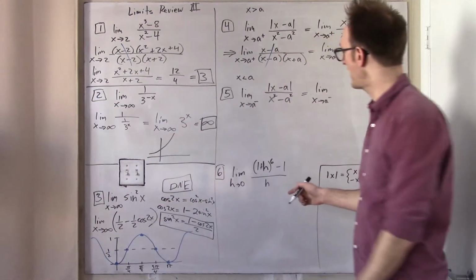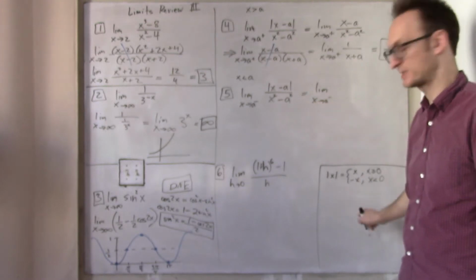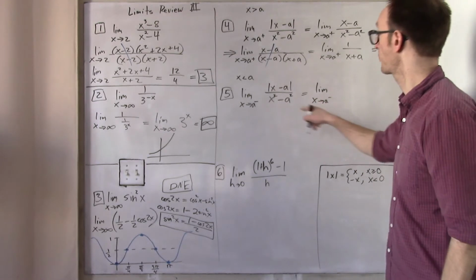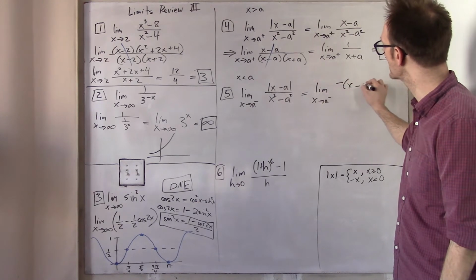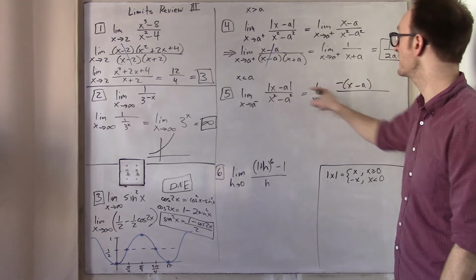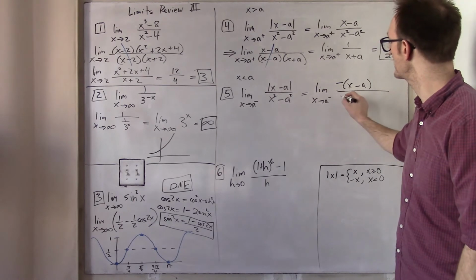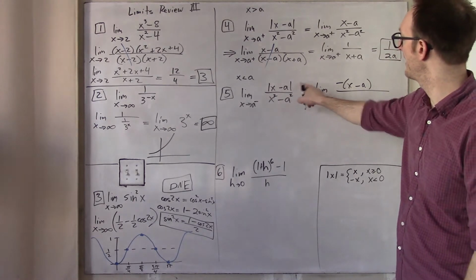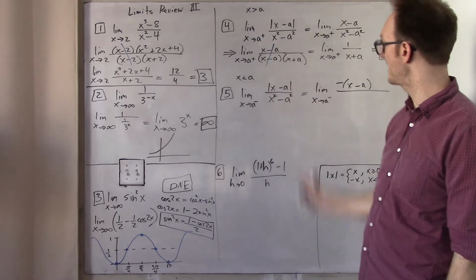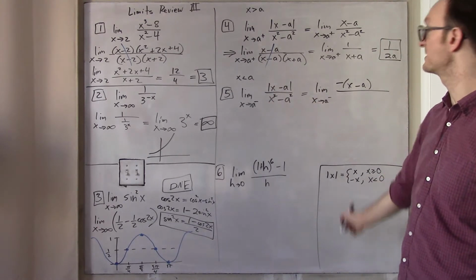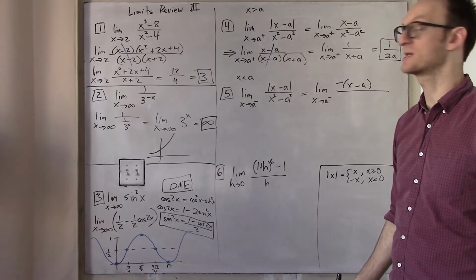So you have to have the discipline and comfort level with this definition to just rewrite absolute value x minus a as negative (x minus a). Why do I write it that way? Because I always put a negative in front of the thing on the inside if the thing on the inside is negative, which it is in this case.